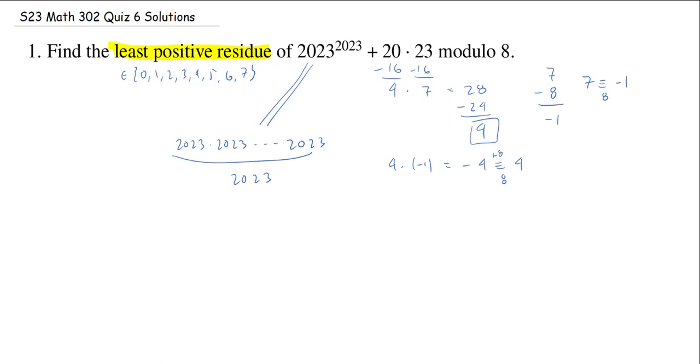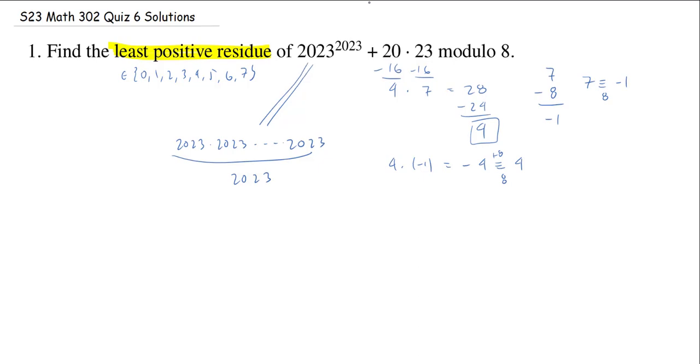So I can reduce 2023 modulo 8 in each of these 2023 instances, and then multiply those together. That would not be the same thing in general as reducing the number of times modulo 8. We're just not allowed to do that. And we can write down easy examples where it fails.